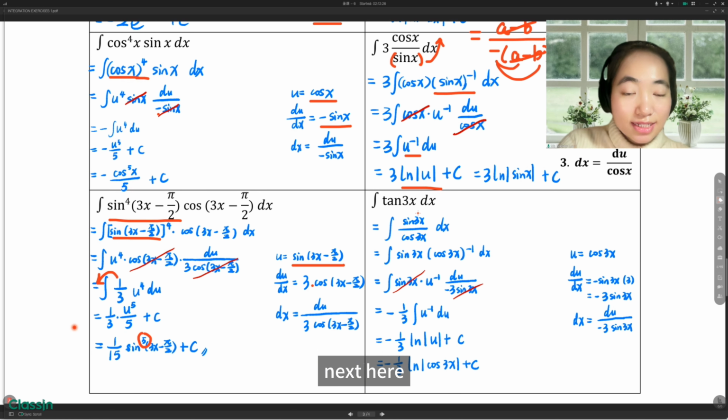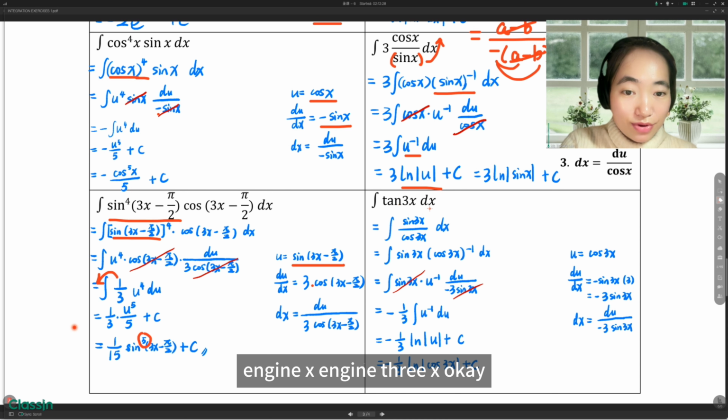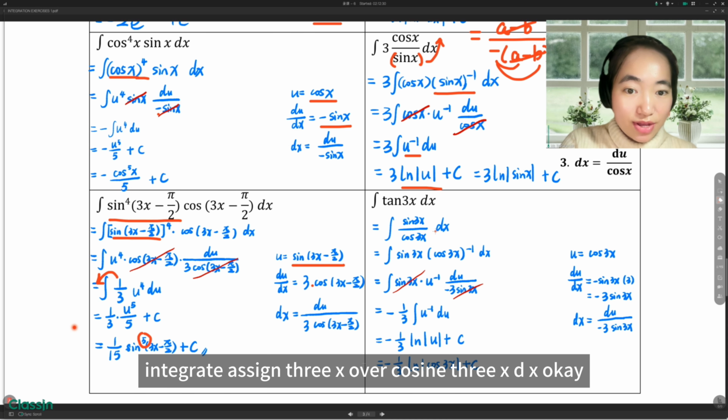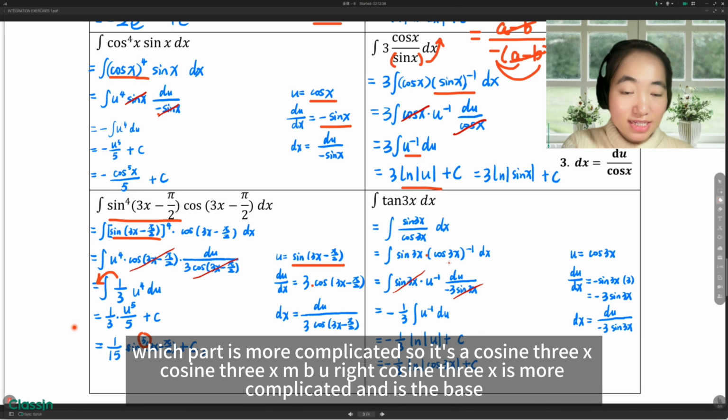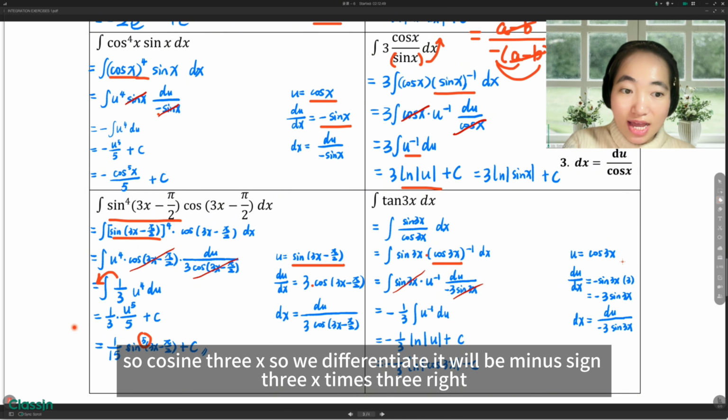Next, here, tangent 3x. Okay, integrate sine 3x over cosine 3x dx. We can change it to the product, right? And now you can easily determine which part is more complicated. So it's cosine 3x. Cosine 3x is more complicated and it's the base. So u equals cosine 3x.